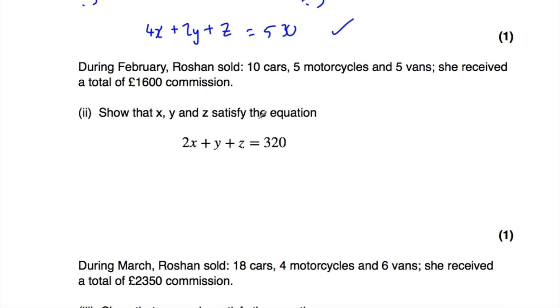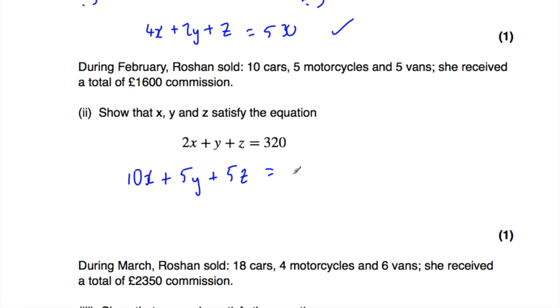Then if we carry on, we're told during February, Roshan sold 10 cars, 5 motorcycles and 5 vans, and she received a total commission of £1,600. And we've been asked to show that x, y and z satisfy that equation. So we know she sold 10 cars, that's going to be 10x, 10 times the commission for one car, plus 5 times y, because for each motorcycle she receives y pounds, plus 5 times z, because for each van she receives z pounds commission and she sold 5 of them.